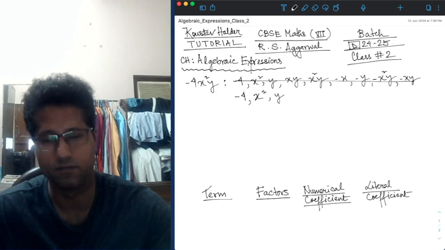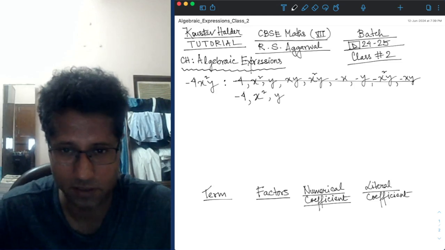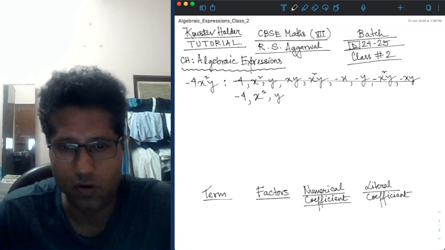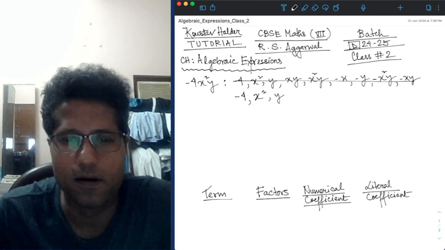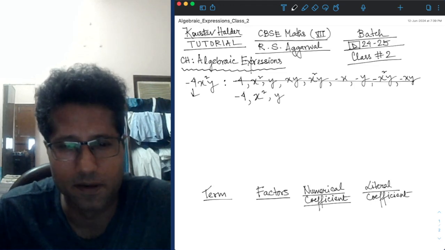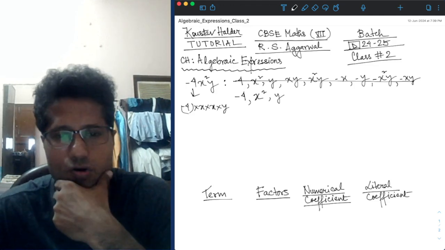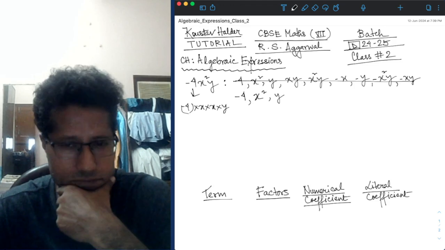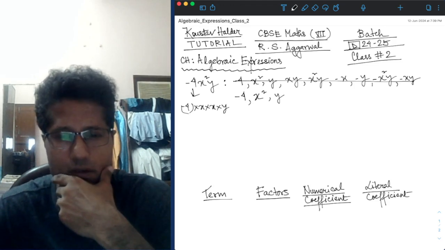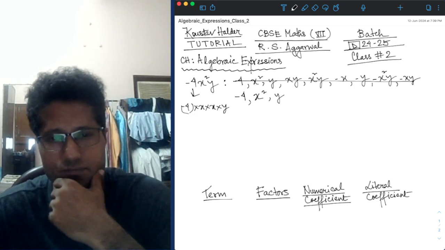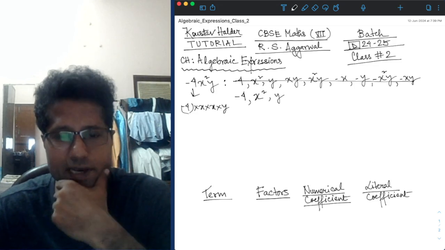Even though x square means x multiplied by x, we do not consider x as a factor of this term, or y, or even x square y, or even xy.